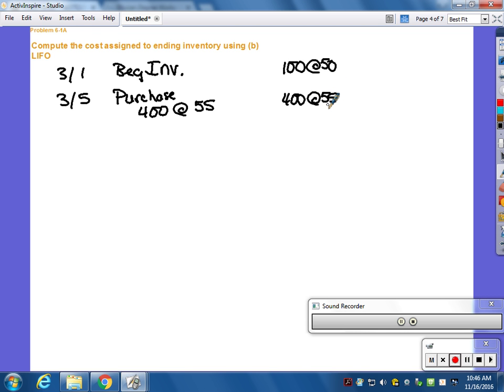March 9th, you had a sale. Where do we pull those 120 units? From the 400, so we pull a full 120 at 55, which means you have ending inventory of what now?